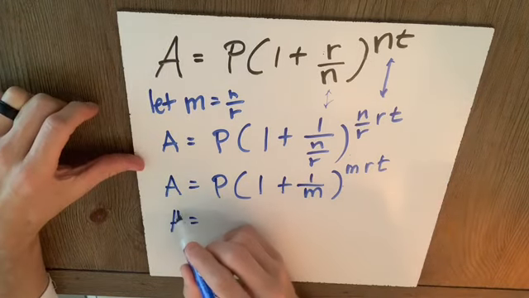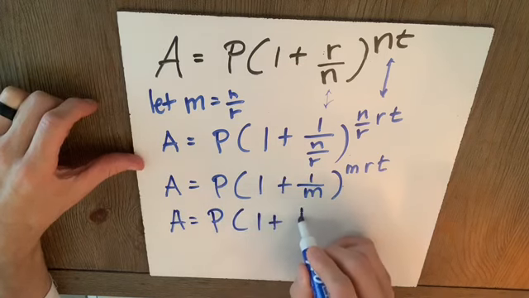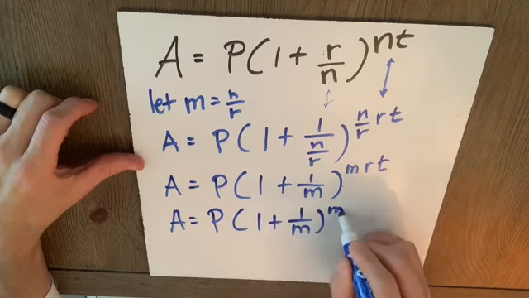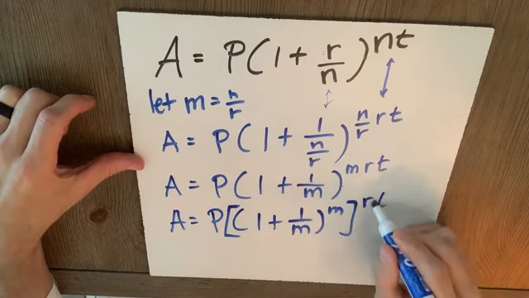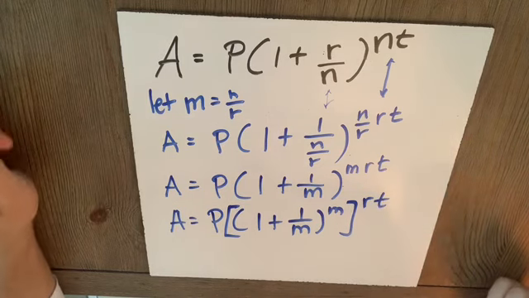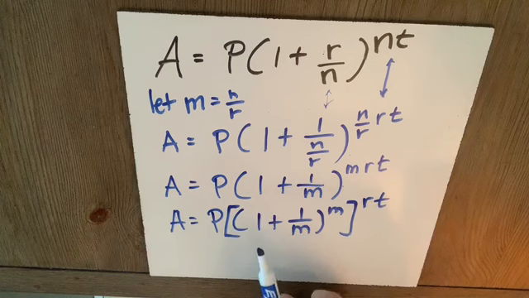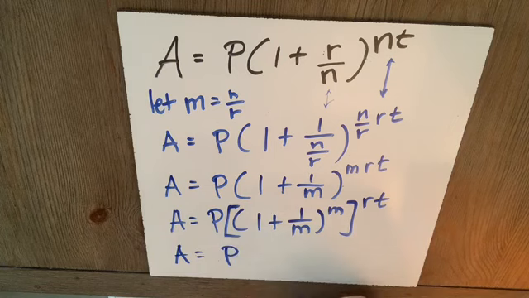Of course, I could write this algebraically as 1 plus 1 over M to the M, and then raise this to the RT power. Take a power over a power, we multiply. I have not violated anything. And of course, we know 1 plus 1 over M to the M, as M gets bigger and bigger and bigger, is Euler's number E. So A is equal to P E to the RT.